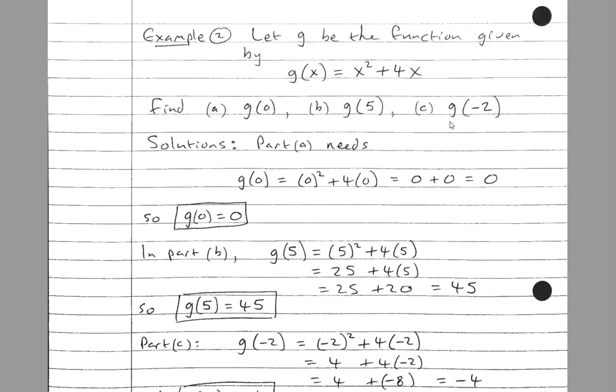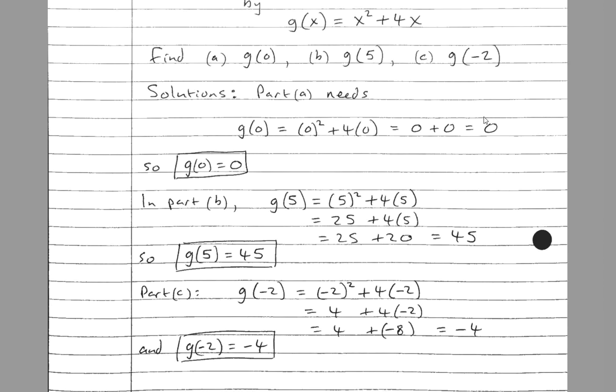The last one, g of negative 2. And now negative 2 goes in. So substitute negative 2 for x. Use parentheses. So we have negative 2 squared plus 4 times negative 2. Negative 2 times negative 2 is 4. Then do this multiplication, negative 8.